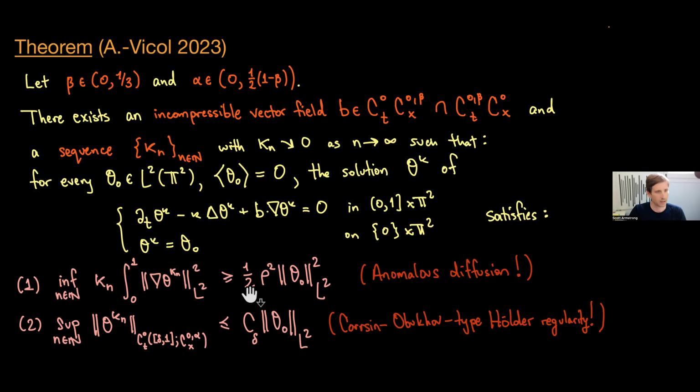I guess I didn't say what rho was. Anyway, there exists a rho positive. So it's bounded below. And the scalars have the expected Holder regularity that you would expect them to have, which I haven't really explained, but we have that too. Okay. So this is the theorem statement.